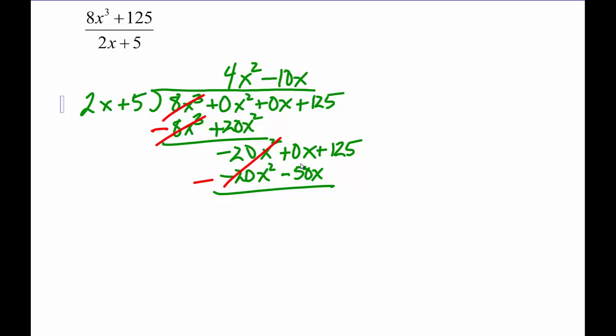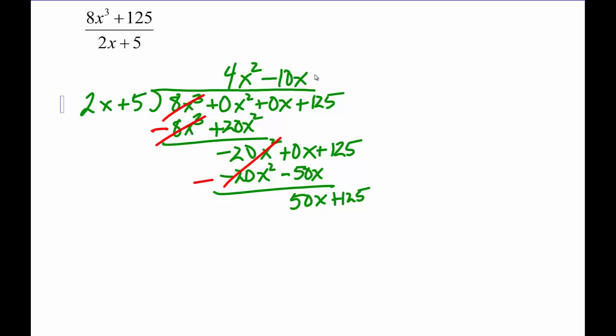Those subtract out, and here we have 50x. Now remember, this becomes 50 because this negative sign changes that sign when we do the subtraction. So the negative becomes a positive. And then we bring down the 125 because we haven't used it yet.